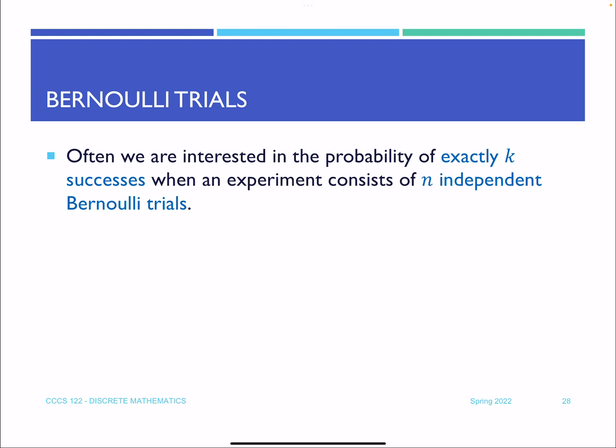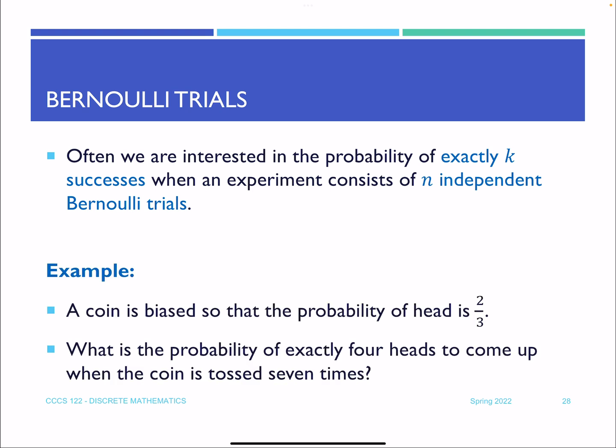Now, often we're interested in the probability of exactly K successes when an experiment consists of N independent Bernoulli trials. So, for example, let's say a coin is biased, and the probability that head shows up is 2 by 3, meaning that the probability that tails shows up is 1 by 3.